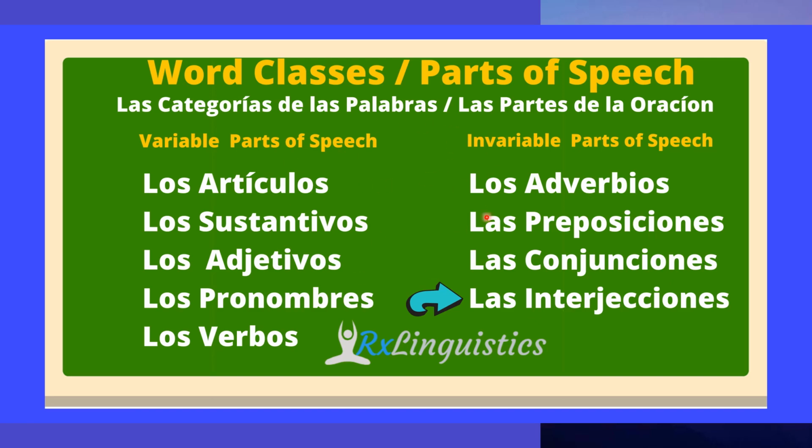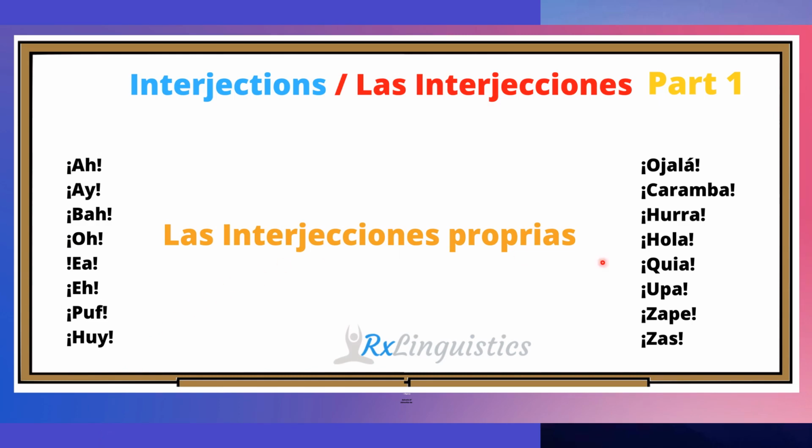So we'll now say a few words about interjections before closing this lesson and then closing this module. Las interjecciones. You see them bracketed: an inverted exclamation mark and a regular exclamation mark.